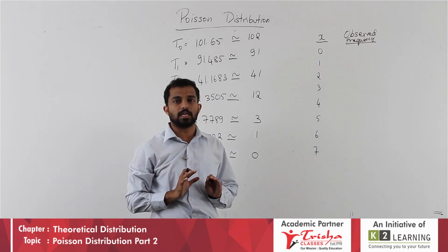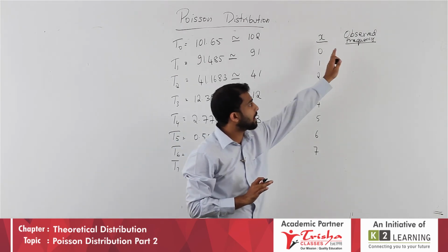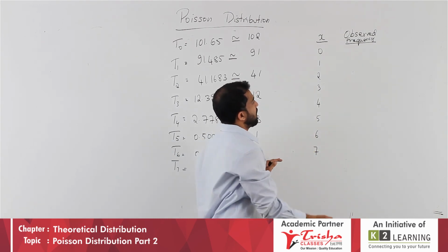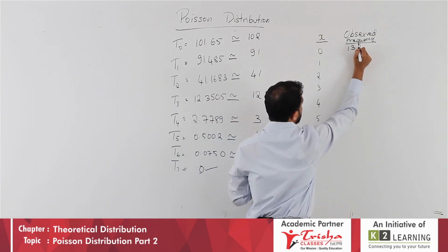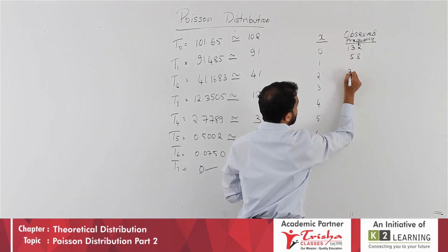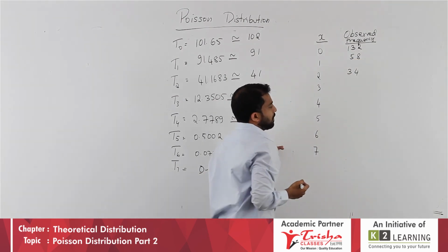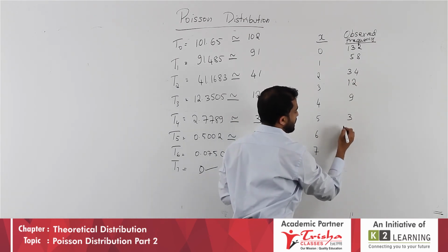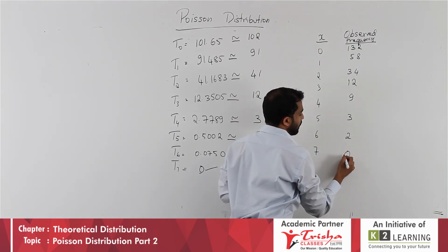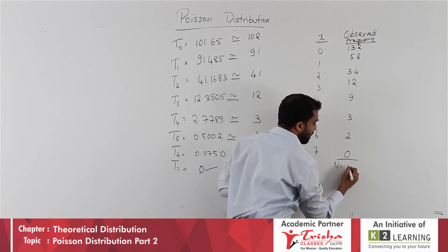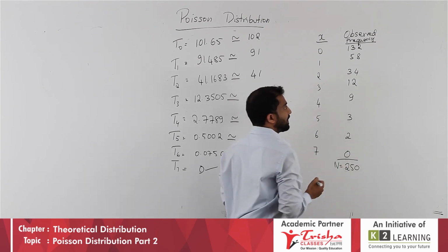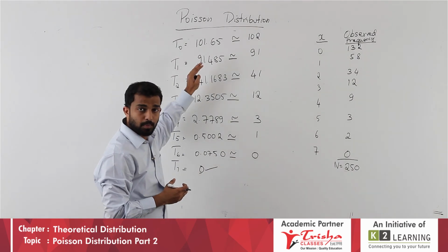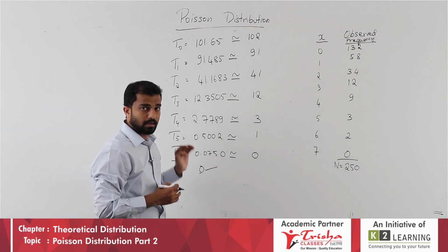They had just given us frequency, but understand students, that is called observed frequency. And if you look into the question, you can just copy down the same values. If you remember, 132, 58, 34, then the values given to us were 12, 9, 3, 2 and 0, and this total, students, came up to 250.